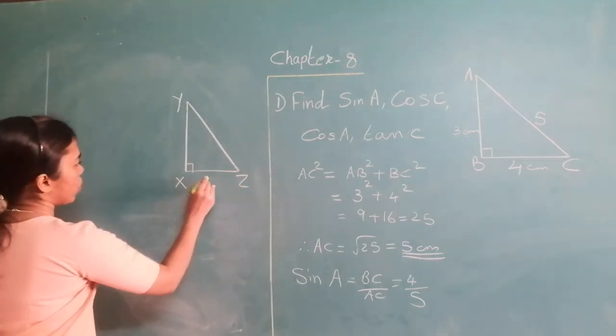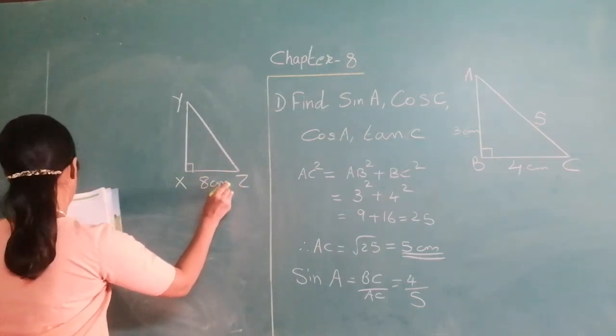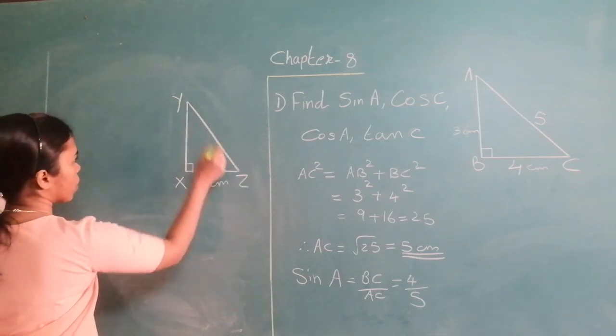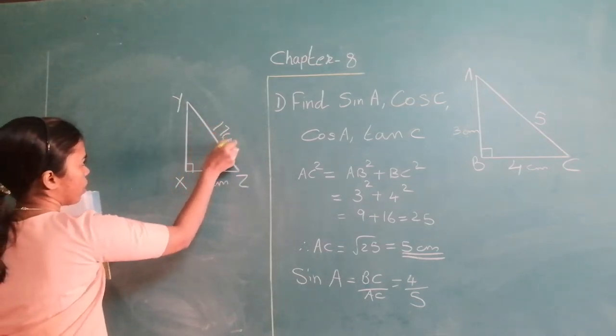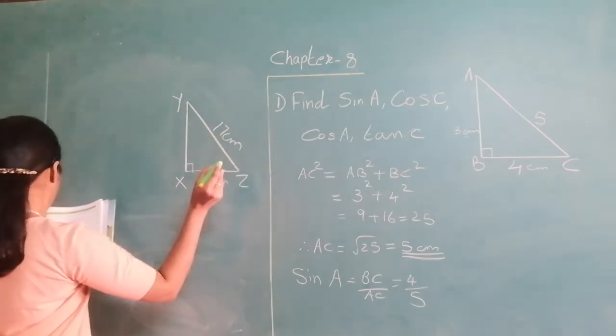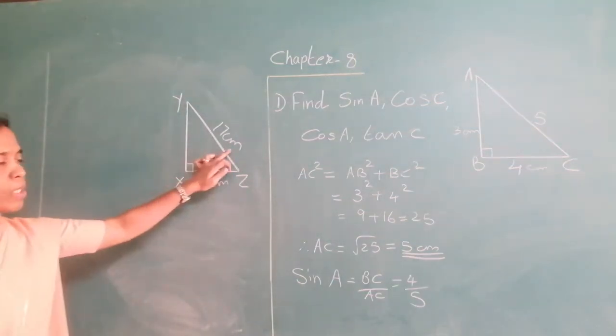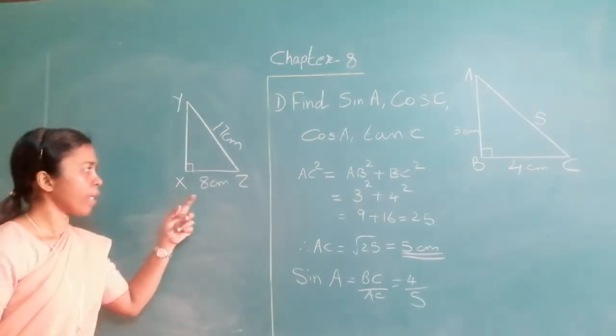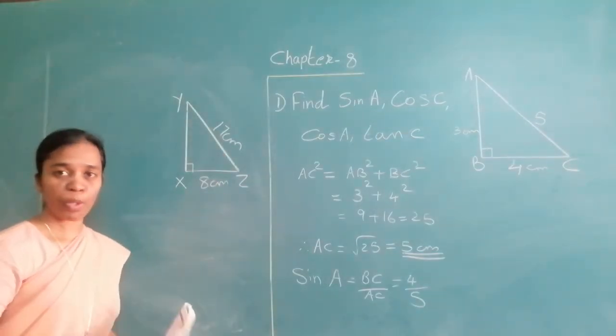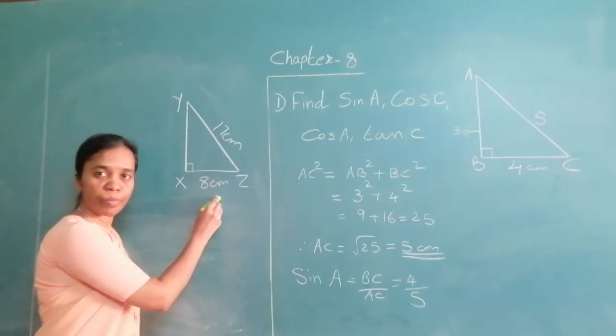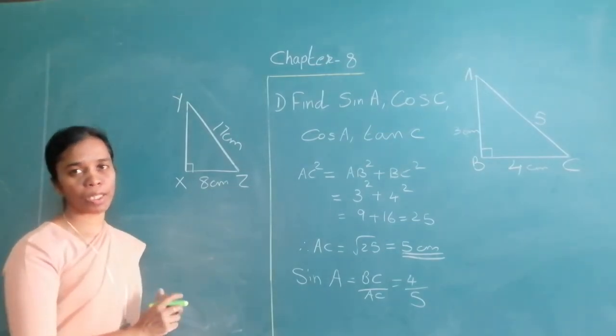XZ is equal to 8 centimeter and YZ is equal to 17 centimeter. Done? Okay. Here you can see that centimeter is given, so you have to write it as centimeter.